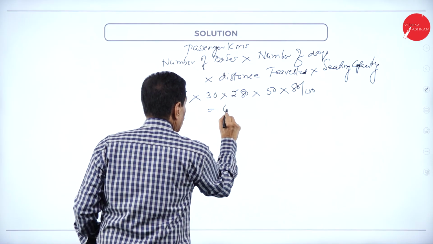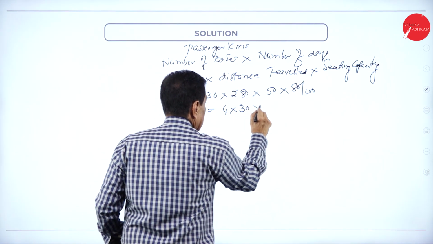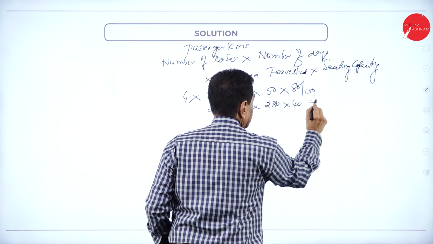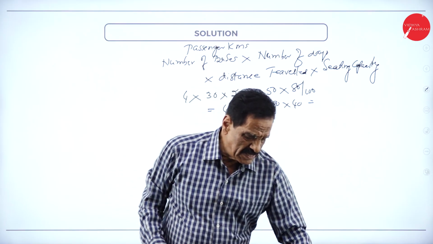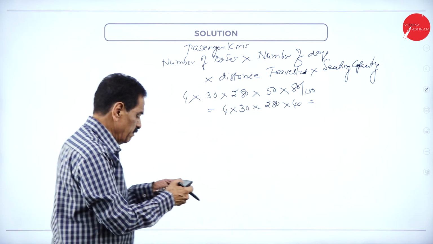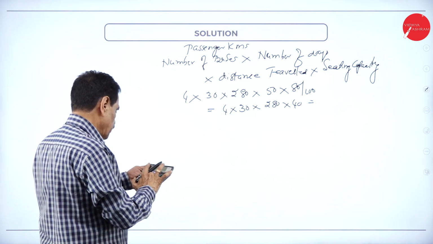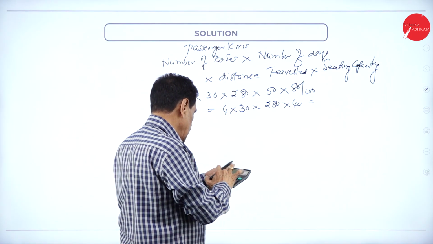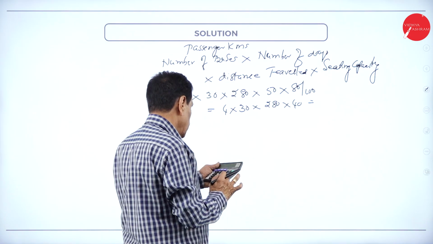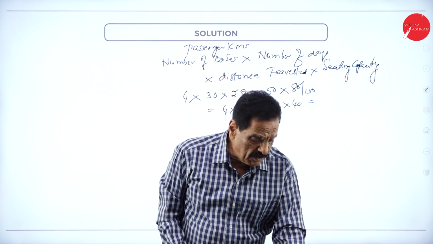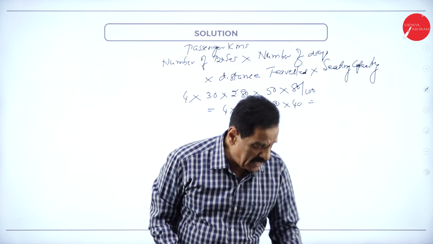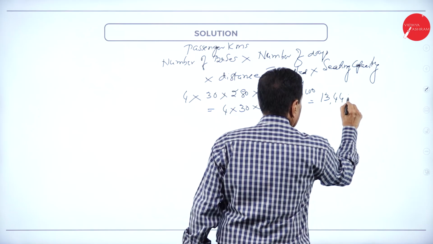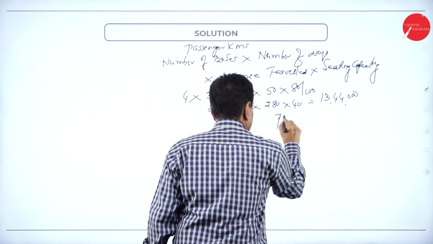This is 4 into 30 into 280 into 40. Will work out now. How many passenger kilometers will come? So 4 into 30 into 280 into 40, 13 lakh 44 thousand passenger kilometers.